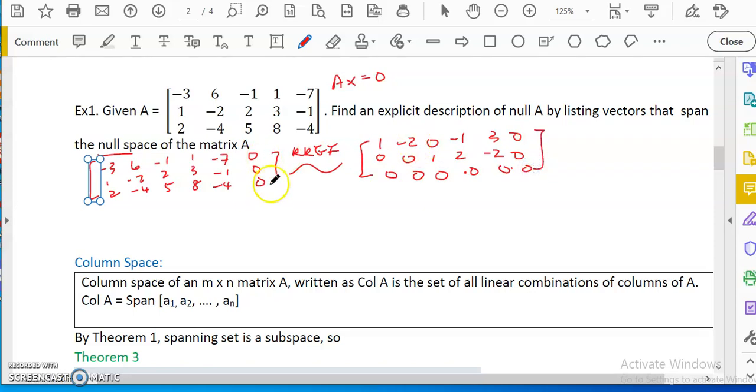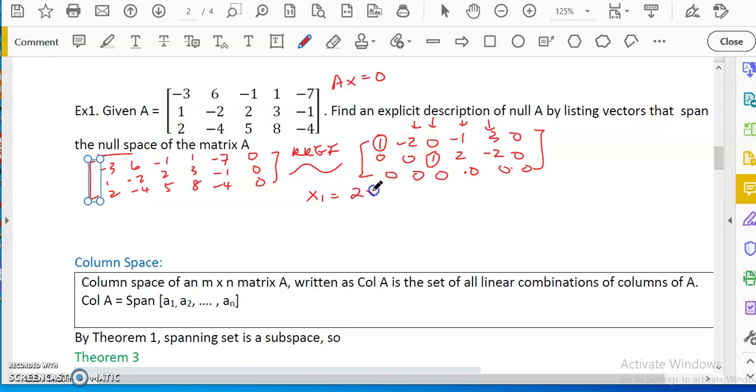So I'm able to write the solution. Of course the last row is always 0. This is a basic column, this is a basic column, and that's it, right? X1 and X3 are basic, all the others are free. So I'll say X1 is equal to what? X2, X3, X4, X5, right?